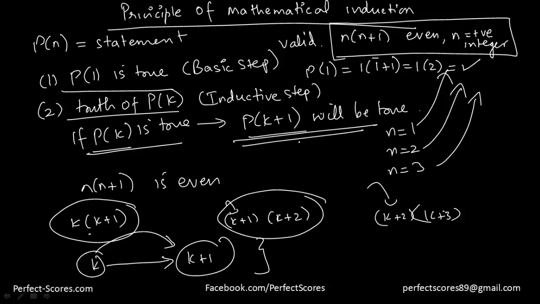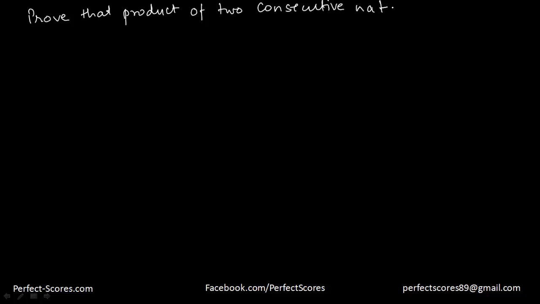So let's actually go ahead and start with the question here. Let's suppose this is the statement that we have to prove: the product of two consecutive natural numbers is even, right?